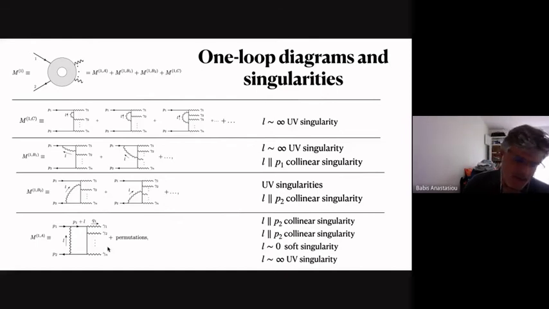And finally, you can have graphs where a photon connects the initial states, and they can have singularities that are collinear to one particle, collinear to the second incoming particle, but also on top a soft singularity. So these are the types of graphs that you find, and as you see, they have a variety of singularities that I just discussed.